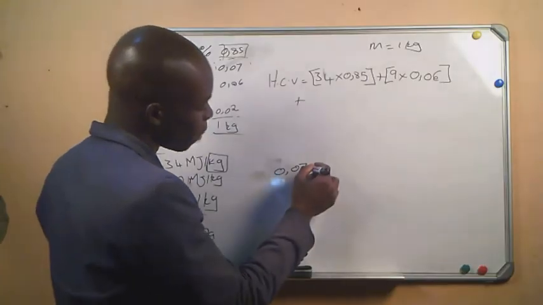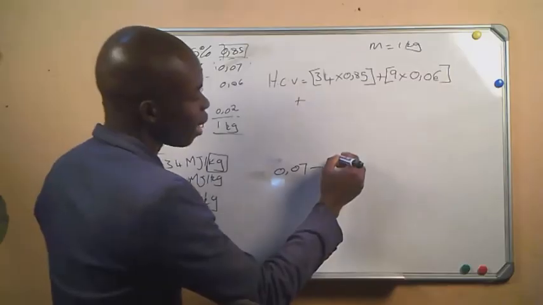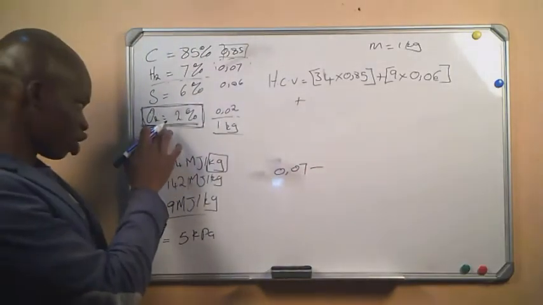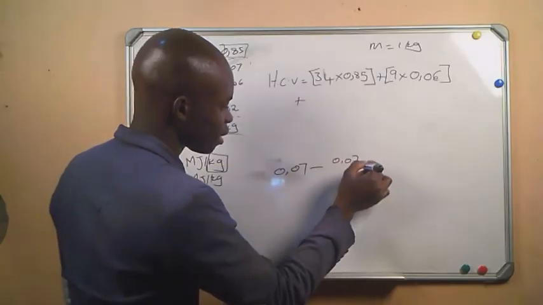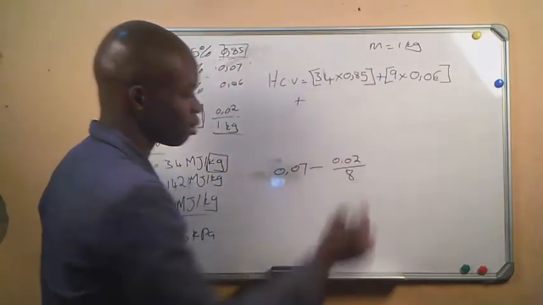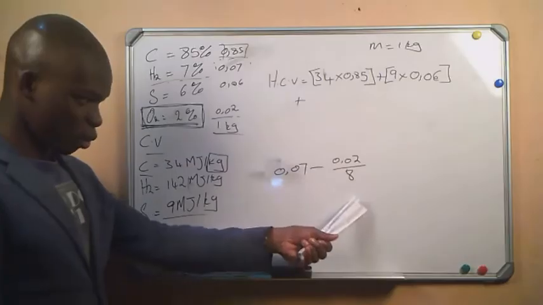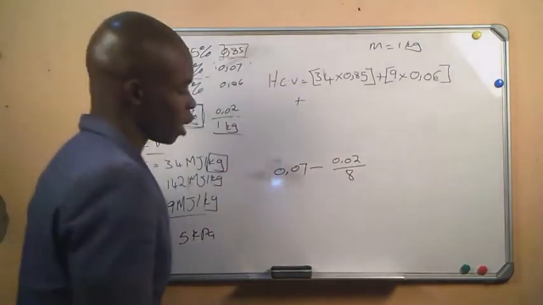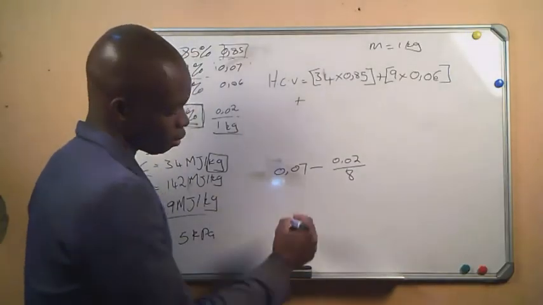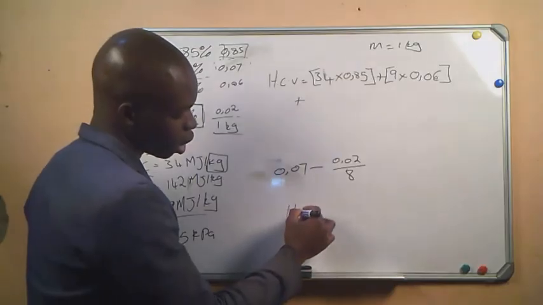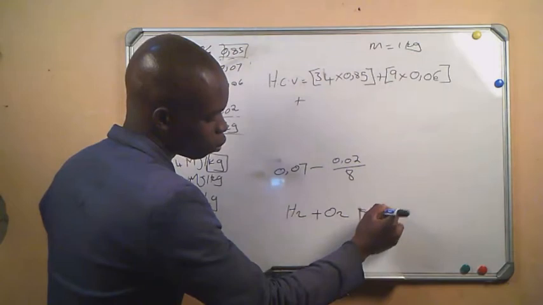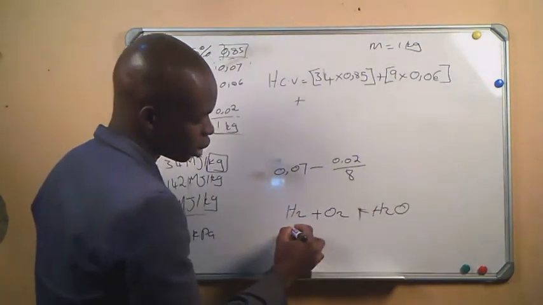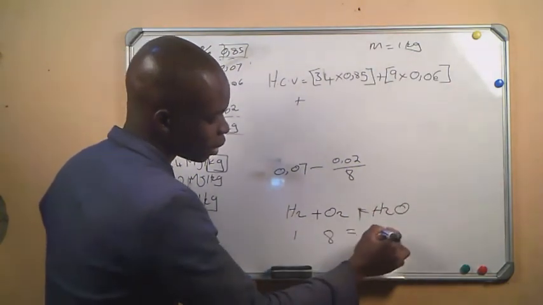7.07 minus the amount of oxygen, which is 0.02, divided by 8. We know where this 8 comes from. We know that for hydrogen plus oxygen, it's going to give us H2O, and then it's going to be 1 to 8.